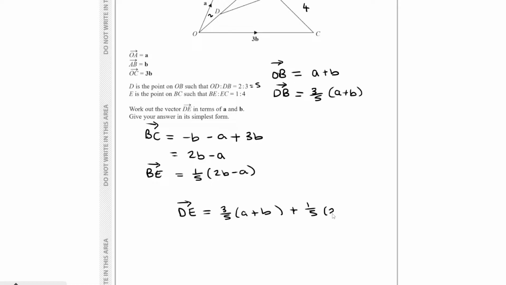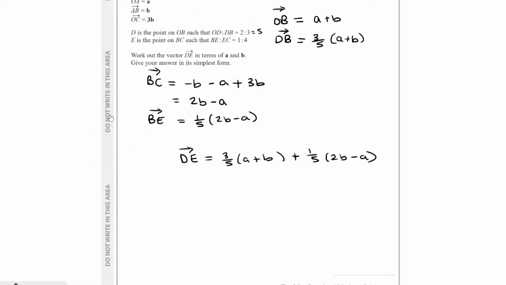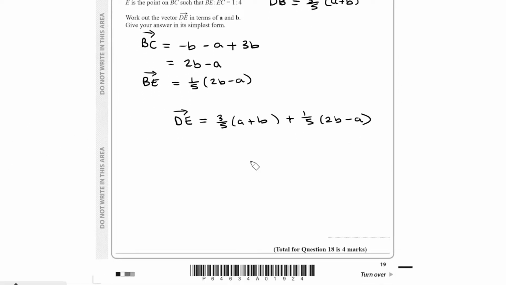Now, they do want you to expand it and simplify it. So let me scroll down a bit. You're just expanding and simplifying at this point.